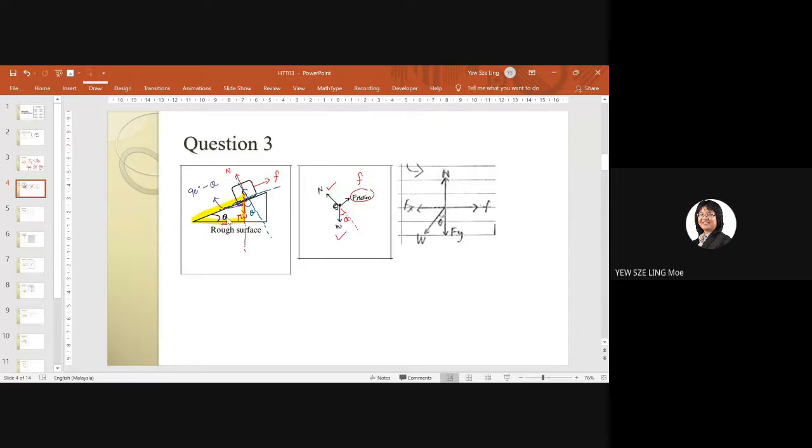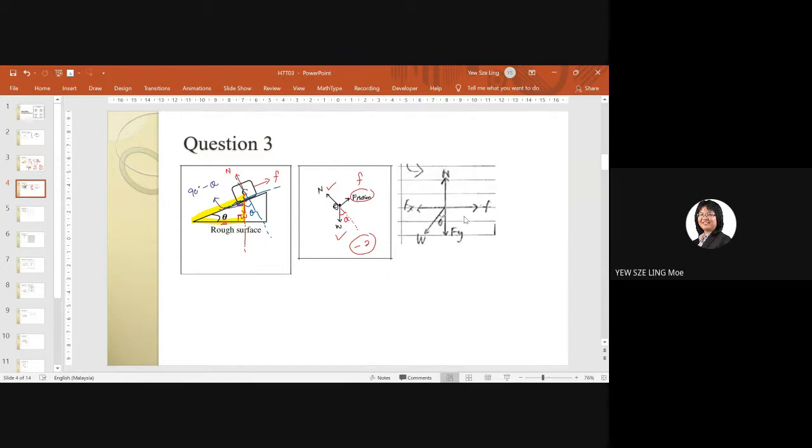Because you are given theta in the diagram, you need to have the angle in your free body diagram. So two mistakes in this diagram, therefore you got 0 marks. Minus 2 because you got two mistakes. One, wrong label. The second one, you didn't label the angle.